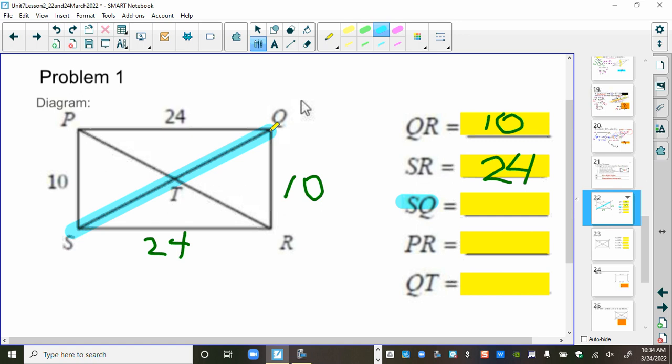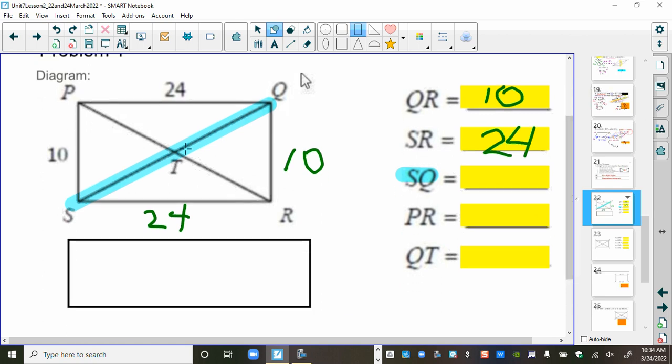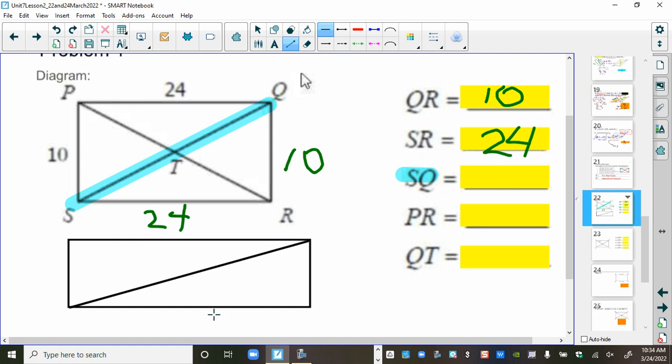However, if we just ignore all the lines for a quick second, here's our rectangle. And actually, here's what we're going to do. Boom. There's your line.